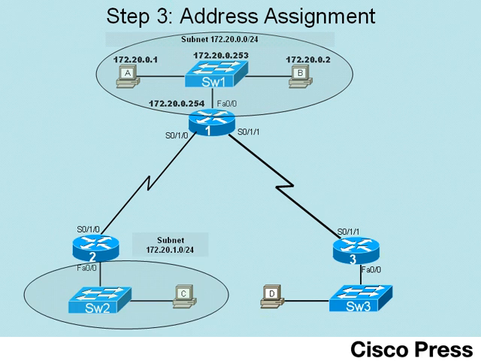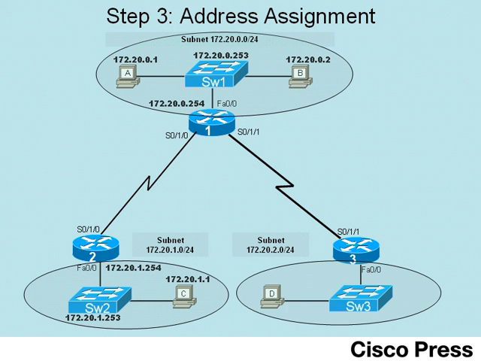Next, if you go down to the bottom left subnet, that's where we put the subnet 172.20.1.0. We've assigned router 2 the IP address of 1.254 and switch 2 the address of 1.253, the 2 largest IP addresses in that subnet. Host C gets the smallest IP address in the subnet of 172.20.1.1. Moving over to the right now, we've got the subnet on the far right, which is subnet 172.20.2.0.